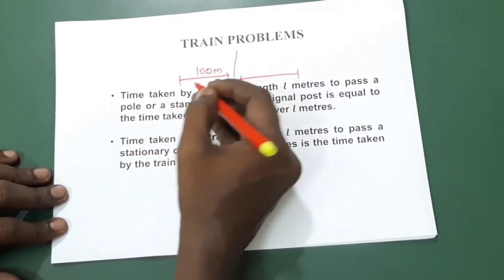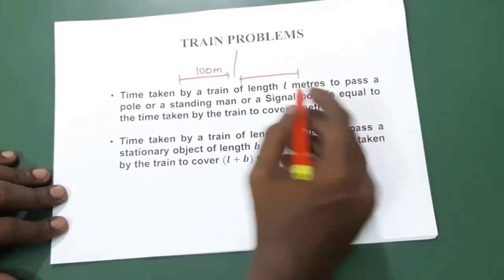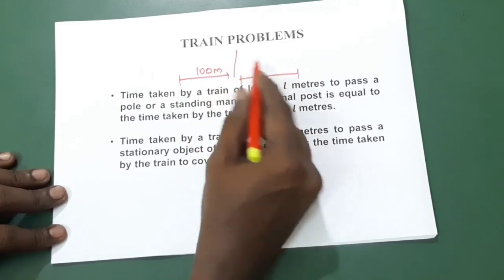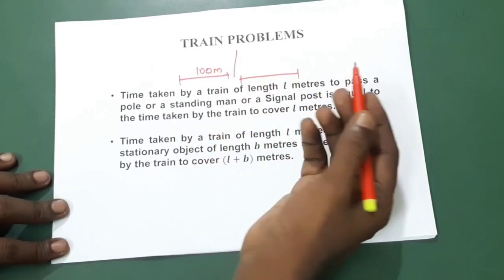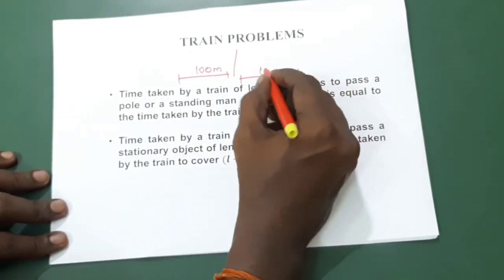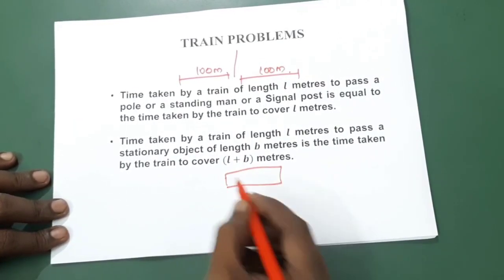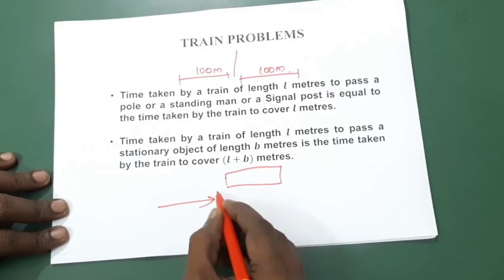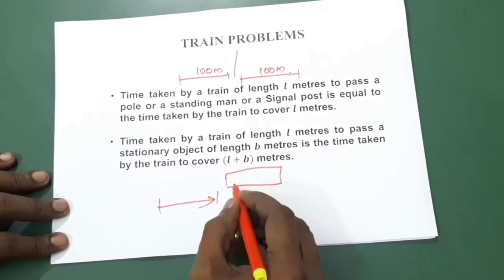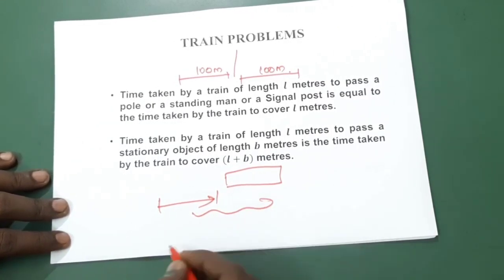What is the time taken by the train to cross this pole? It is nothing but the time taken by the train to cover its own length, that is 100 meters. Similarly, if you consider a platform and a train coming this way, the distance it covers means we have to add both the length of the train as well as the length of the platform.